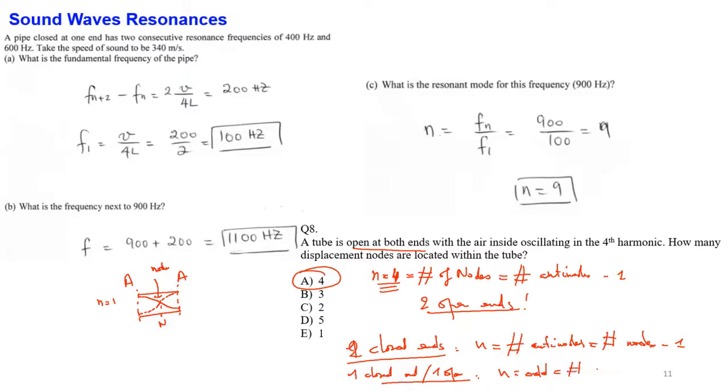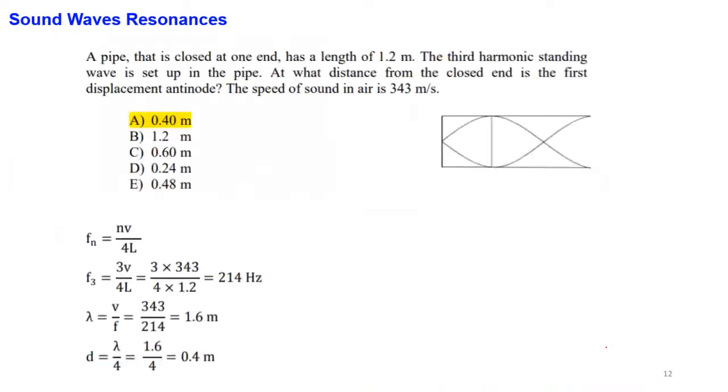N is equal to the number of nodes, which is equal to the number of antinodes. If you go to the complement slide that I gave you, you can find this and you can figure it out by drawing the harmonics. Anyway, you can solve this also.